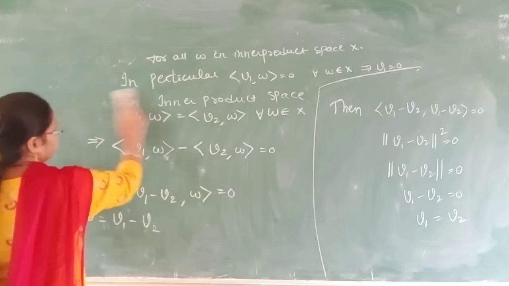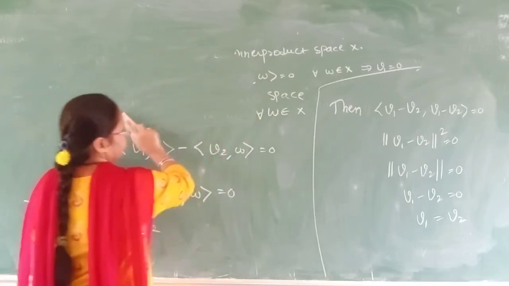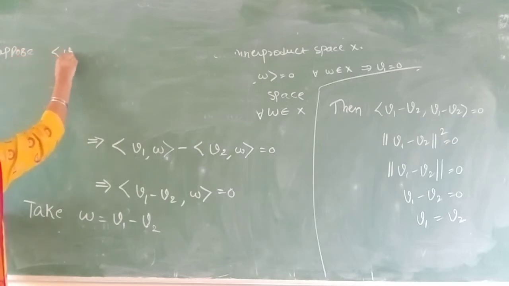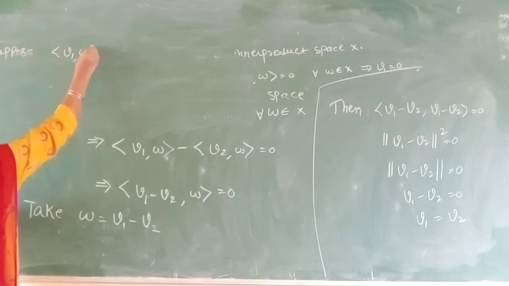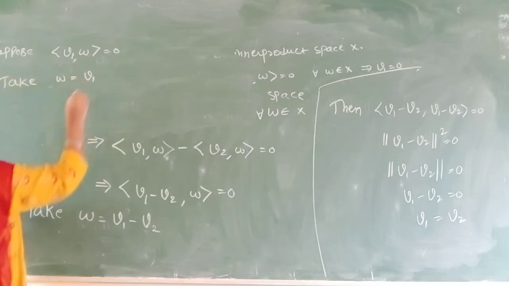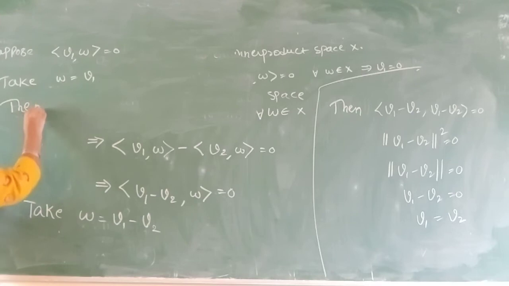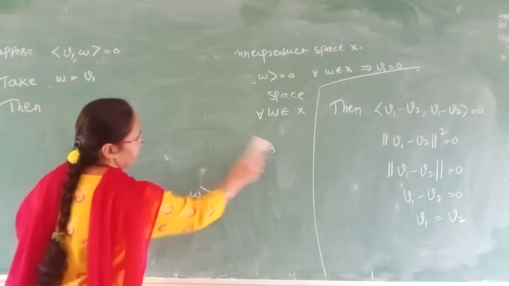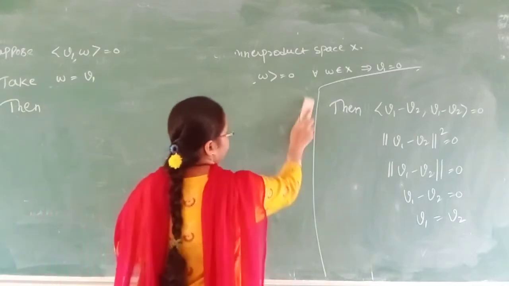The inner product of V1, W is equal to 0. To get V1 is equal to 0, here we have to take W is equal to V1, then substitute the W value and do the simplifications. We will get our required second condition.